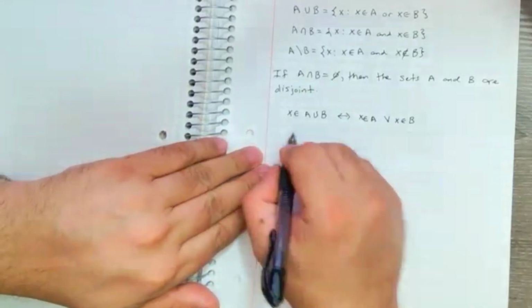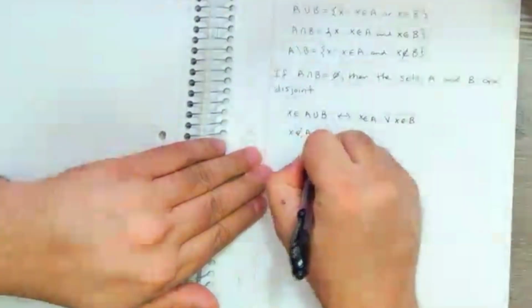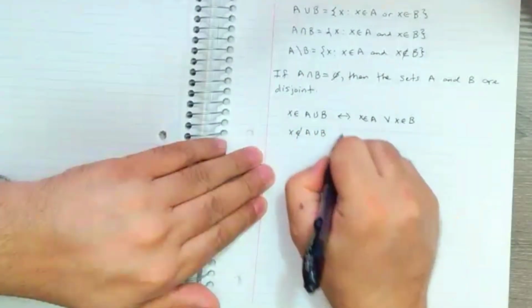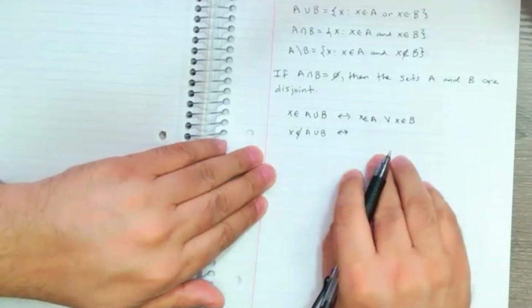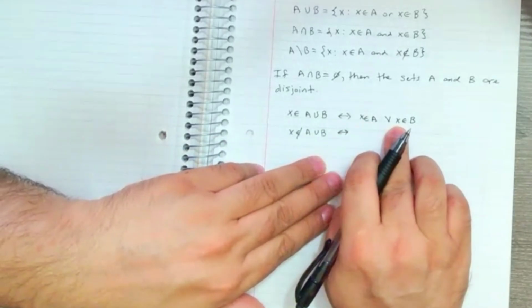So now we consider what does it mean for X to not be in a union of A and B? Well, this is equivalent to the negation of this statement.